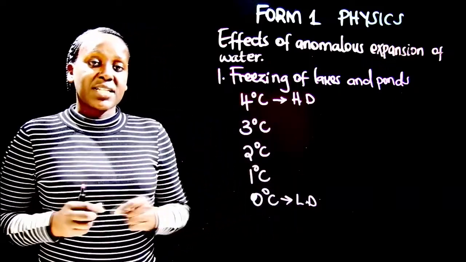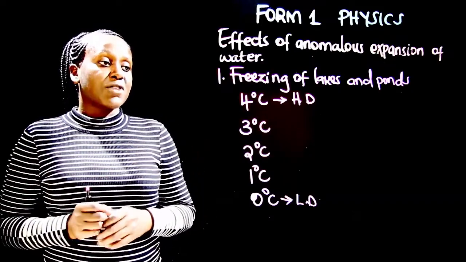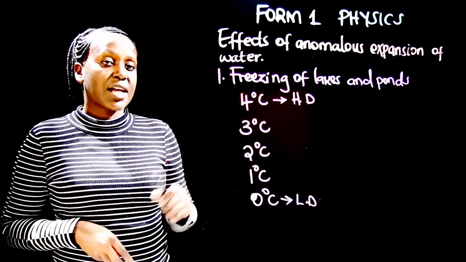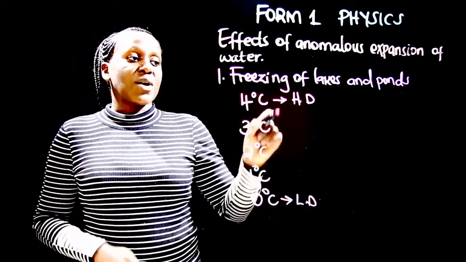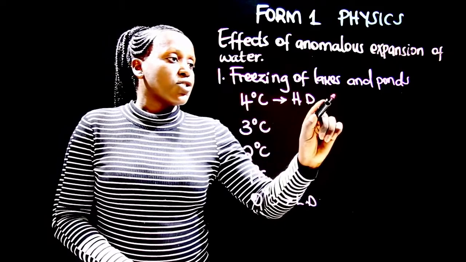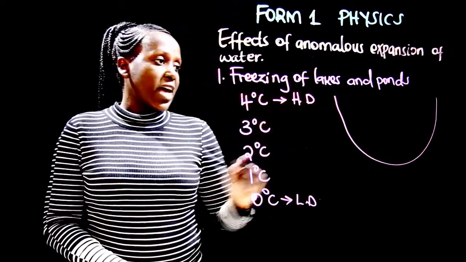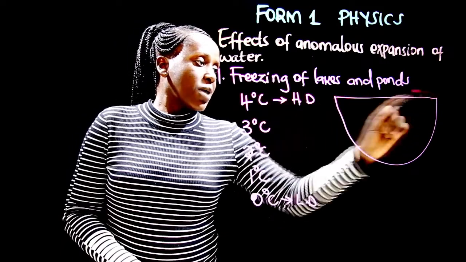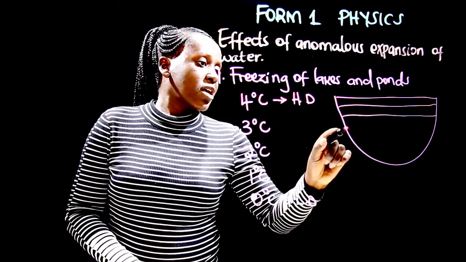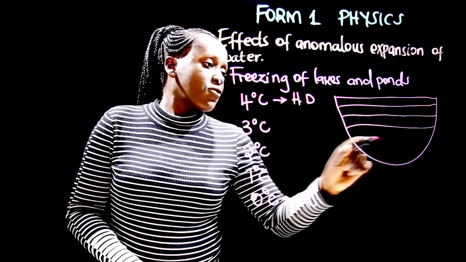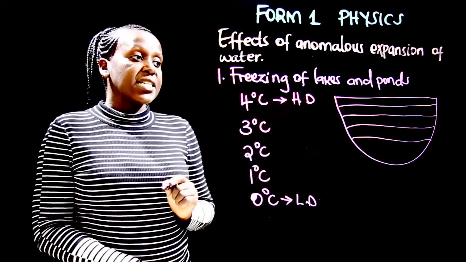We know that a substance that has less density is the one that floats on top of the one that has high density. So as you can see here, water at 4 degrees Celsius is the one that has the highest density. So if this is a lake, you're going to divide it into 5 layers. Okay, so we have the first layer here, then 2, 3, 4, and then 5. So ice has the least density.